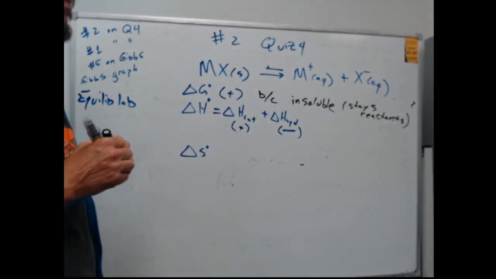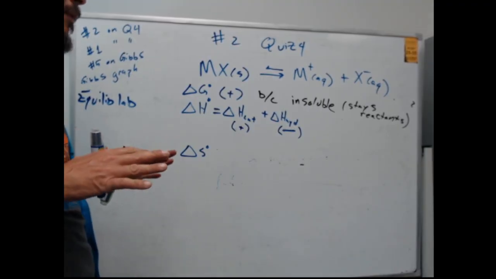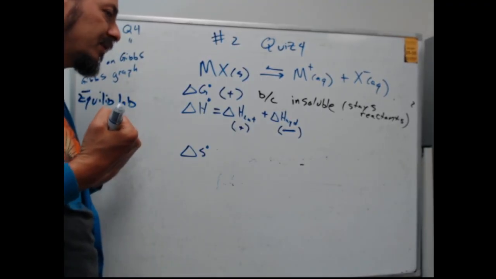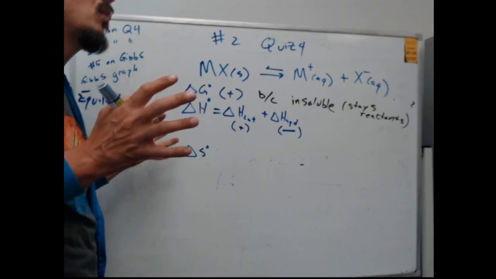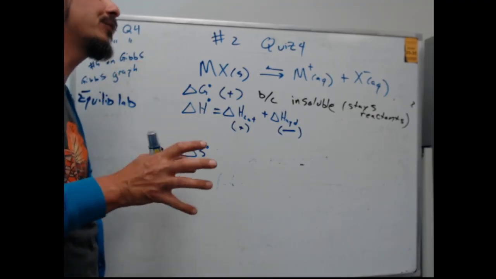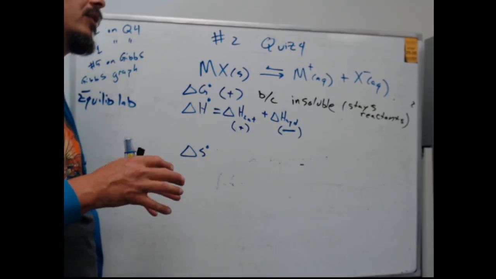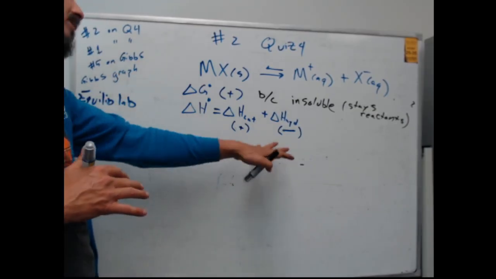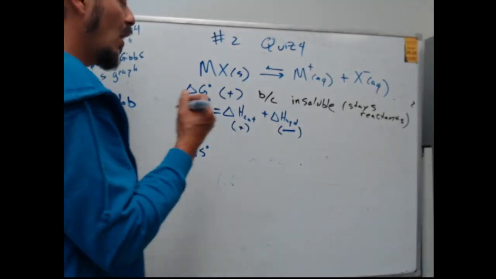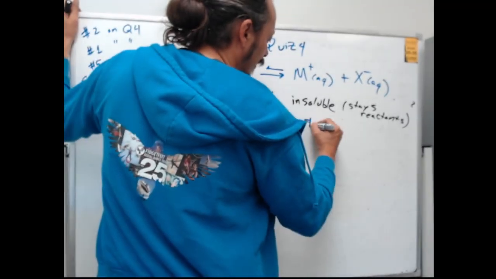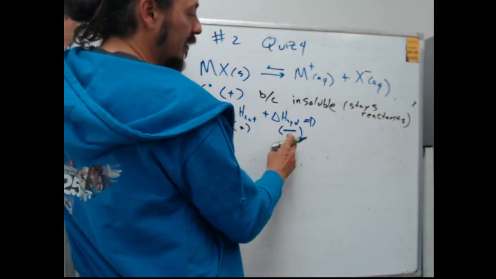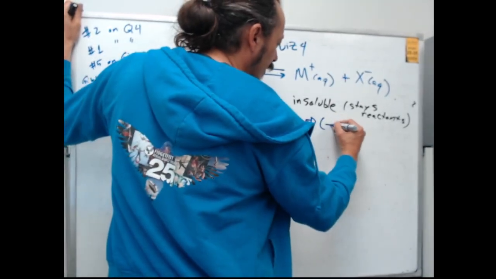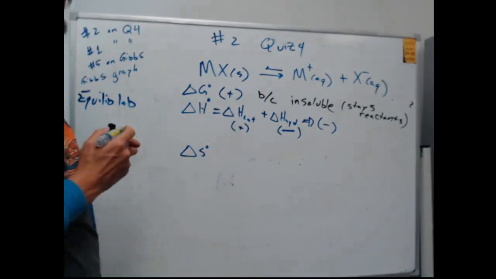So this is weird, right? It's easy to break apart the crystal structure, but then when water attracts to it, the water is really attracted to the ions. So there's this imbalance. I'm making it a little dramatic. So I would overall expect this to be little positive, big negative. This is all overall going to be negative.